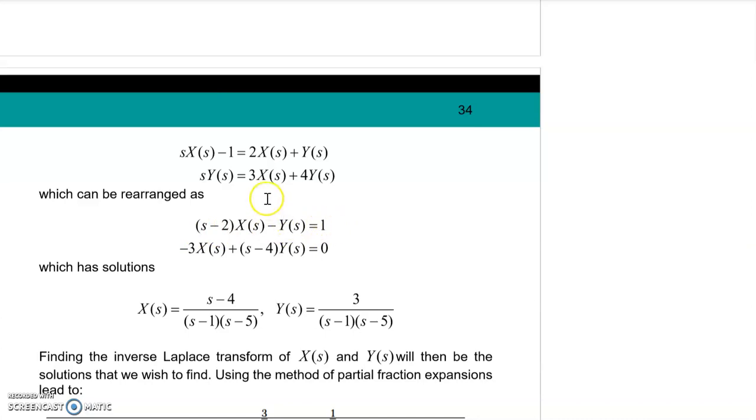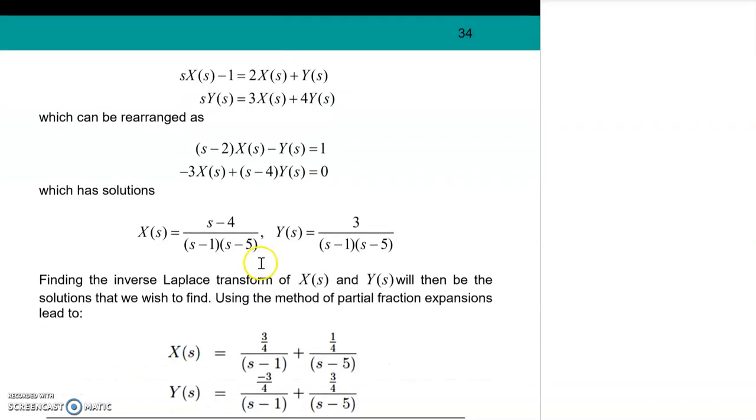And from the second equation, you can factor out the Y(s) now. On the left hand side, we have negative 3X(s) plus (s minus 4)Y(s) equal to 0. If we write X(s) as the main subject and Y(s) as the main subject, we come out with this one.